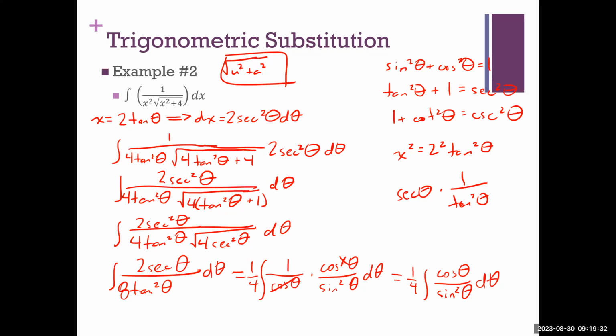Are we stuck or can we finish this? Go ahead. I would love to do U substitution. What U would you like to use? If U equals sine theta, what does du equal? Cosine theta d theta, yeah. So yeah, we had 2 layers of substitution here.